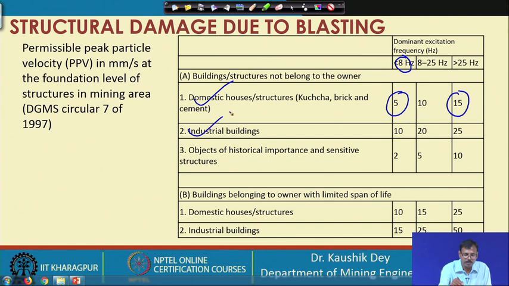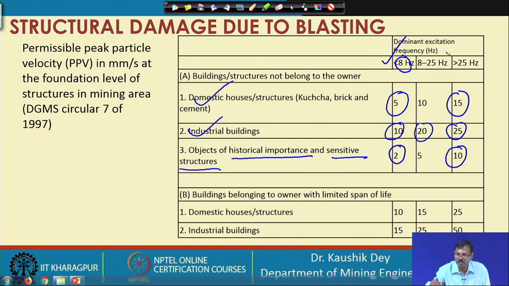For the industrial buildings which belong to that owner, it may be a little bit relaxed to 10, 20, 25 millimeter per second. However, for the historically important or sensitive structures like petrol pump or hospital, or some that may be socially important like temple etcetera, this may be further reduced to 2 millimeter per second for a low frequency blast wave and 10 millimeter per second for high frequency blast wave.